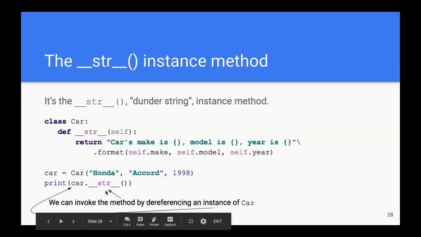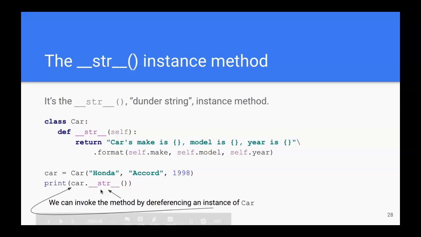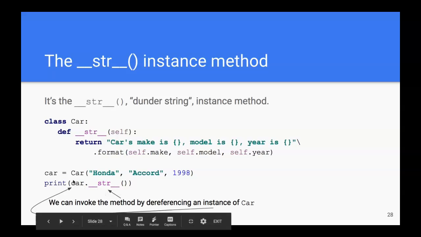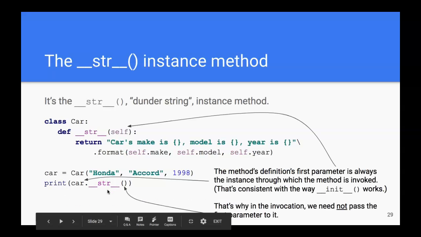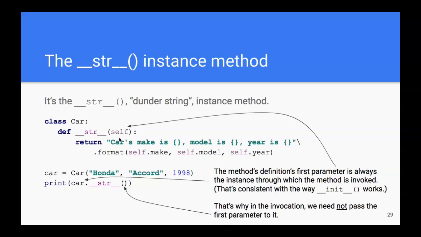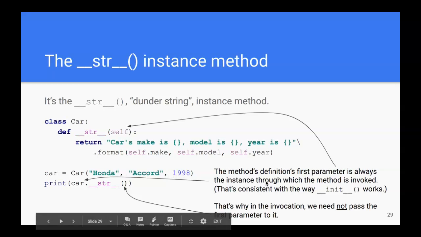Okay, as we saw, the way to invoke it is just we start with the instance, do a dot, and then the name of the method. And finally, I know I've said this already, but it's important to see that the first parameter is self, and it is always the instance through which the method is invoked.